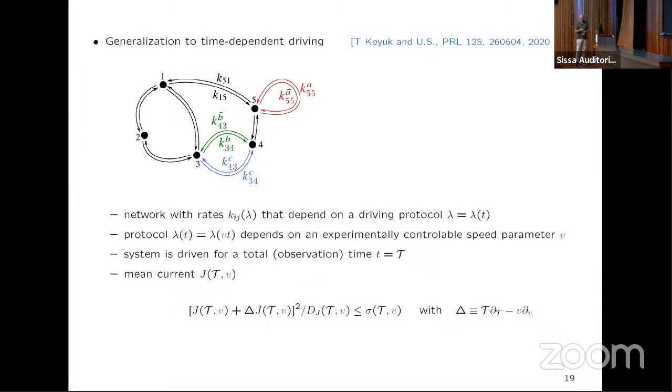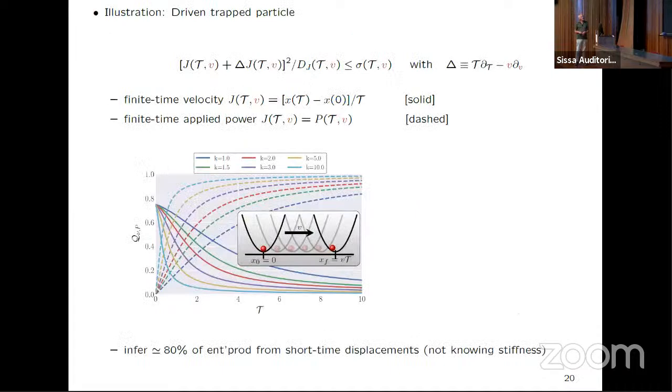So let me show you two illustrations of this more general relation. So the paradigm is typically a driven trapped particle. So we start with the particle in a harmonic trap, and then at time t equal to 0, we start moving that trap at velocity v. And then we can look, for instance, at the finite time mean velocity, which of course is just the distance covered divided by the time.